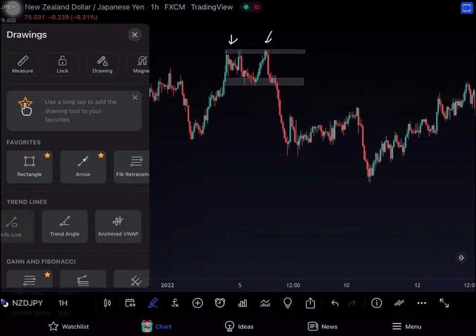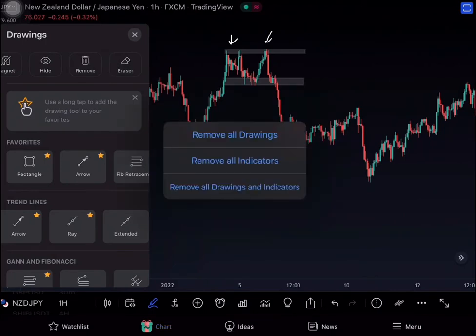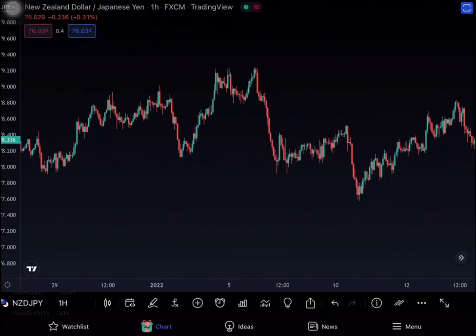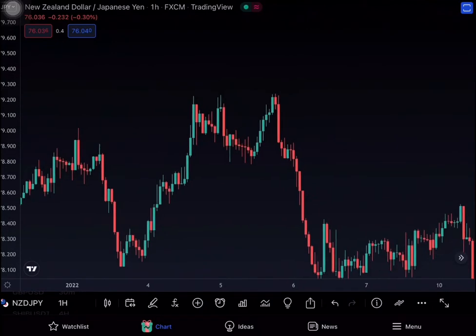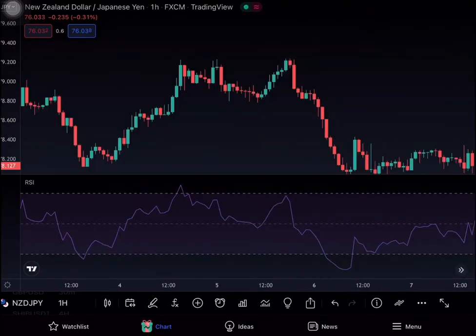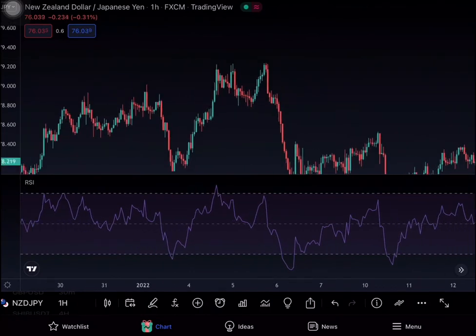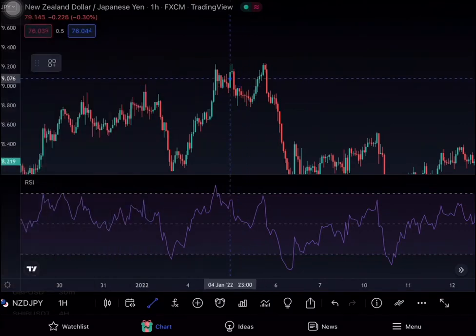So of course in here we see two tops, and when you check the RSI, as you see, I don't need to draw lines, you can just see the divergence, okay? As you see in here, we have a higher high, but in RSI we have a lower high.